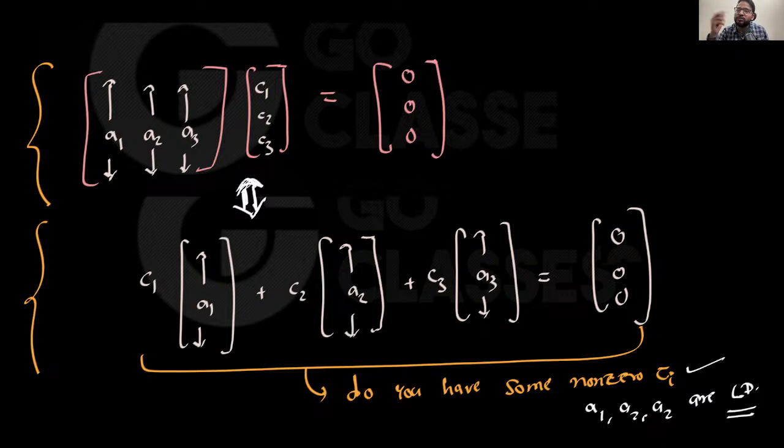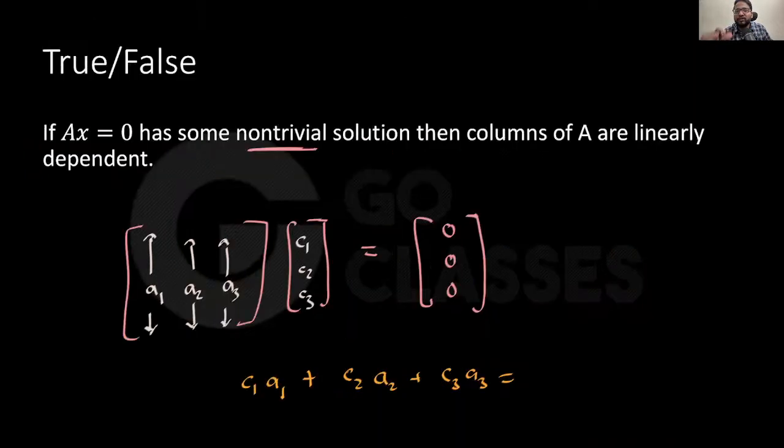I need to know whether it is non-zero or not. Zero doesn't matter to me. If you only give me information about zero and not about non-zero, then I do not care. You should be telling about the non-zero. They are saying that it is non-zero. It means that if this one is non-zero, I can represent A1 in terms of the others, which means they are linearly dependent. So what they are saying is that the columns of A are linearly dependent. Then the answer is yes. That's why it is true.